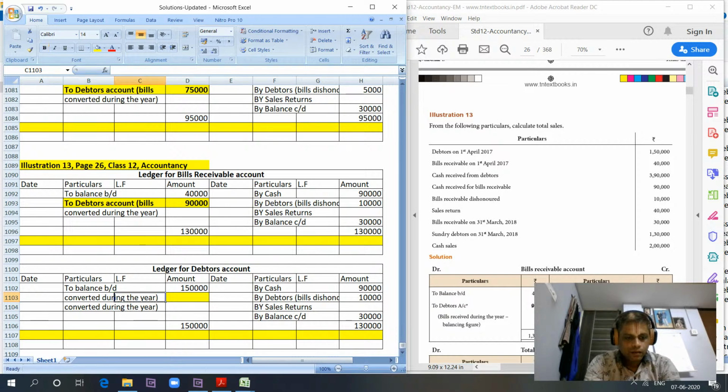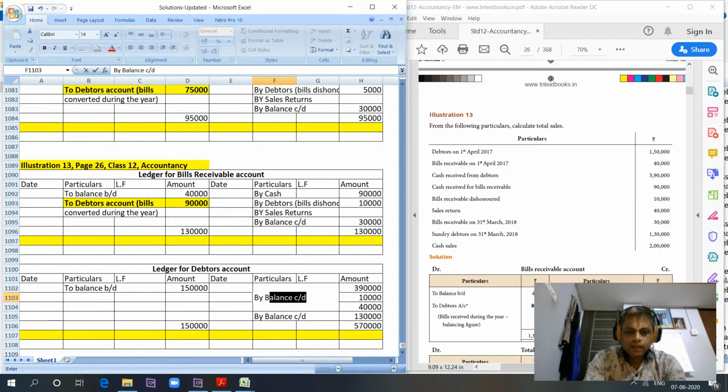Balance brought down is 1,50,000, and sundry debtors at the end of the year is 1,30,000. Cash received from debtors is 3,90,000, and sales return is 40,000.